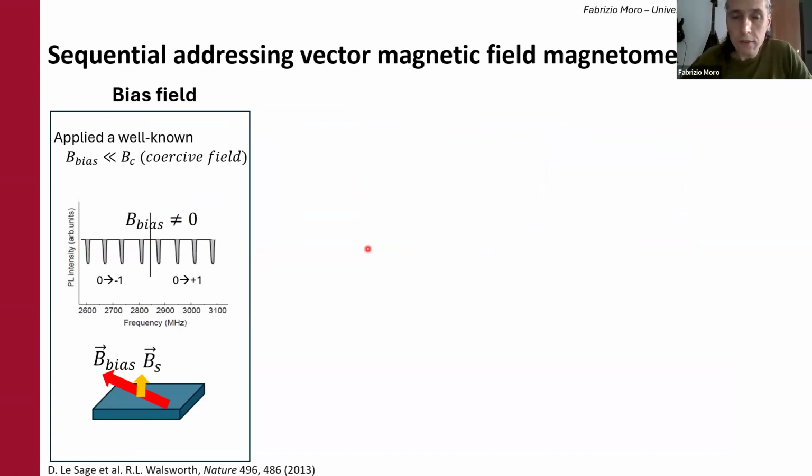So when using this NV center to reconstruct the vector magnetic field from a sample, essentially two methods have been developed. One is called the sequential addressing method, where a bias field is applied to the sample to investigate. This bias field has to be much lower than the coercive field of the sample.